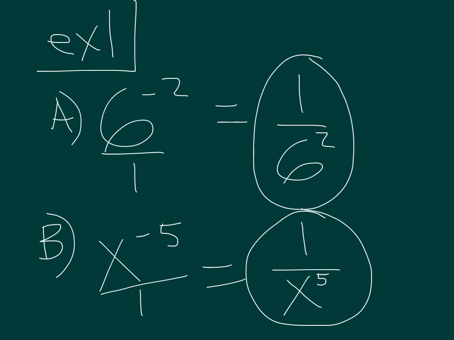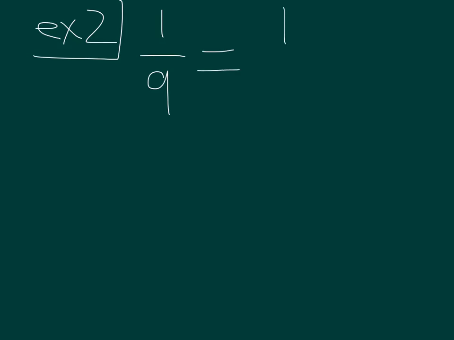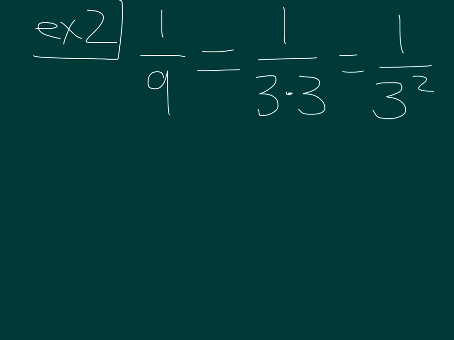Let's try another example. Let's try example number 2. Example number 2 says write 1/9 as an expression using a negative exponent. So this is the same as 1 over 3 times 3, which is 1 over 3 squared.